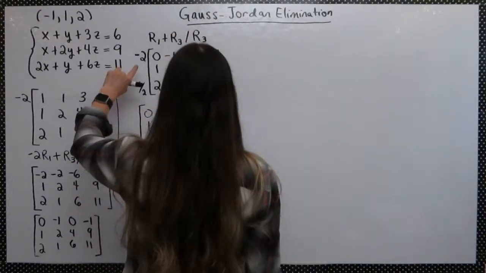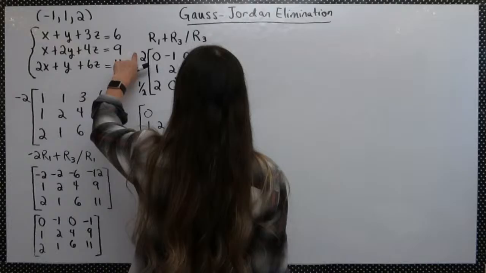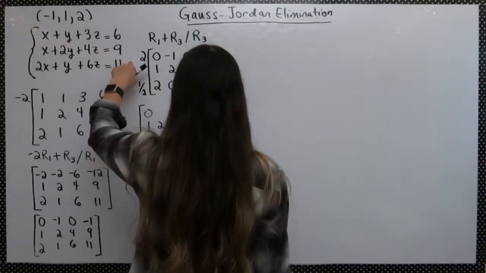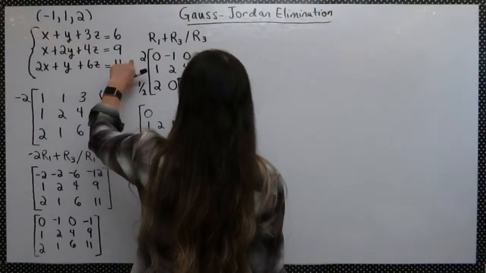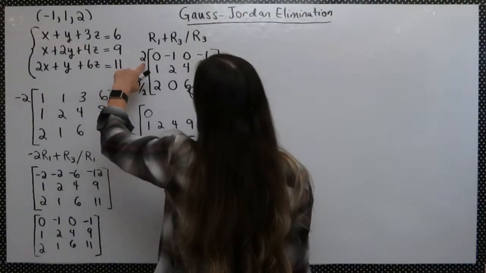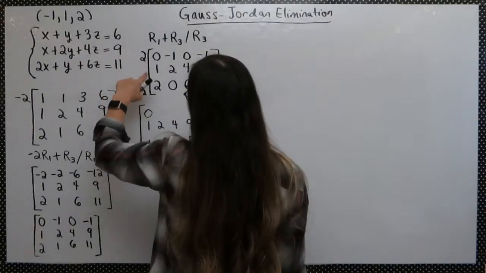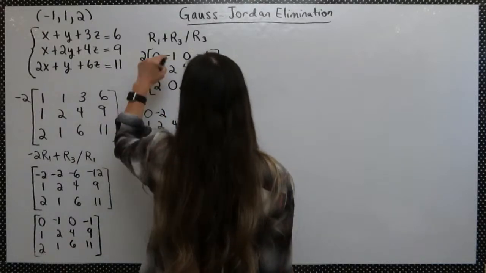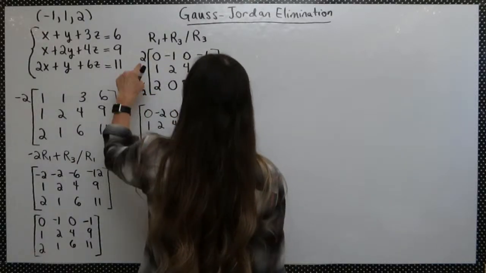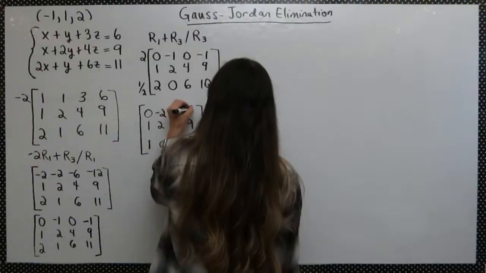I don't want that to be -2. I just want it to be +2. All right, so it's been a long day, so I'll get it right eventually. So 2 times 0 is 0, 2 times -1 is -2, 2 times 0 is 0, and 2 times the -1 is -2.